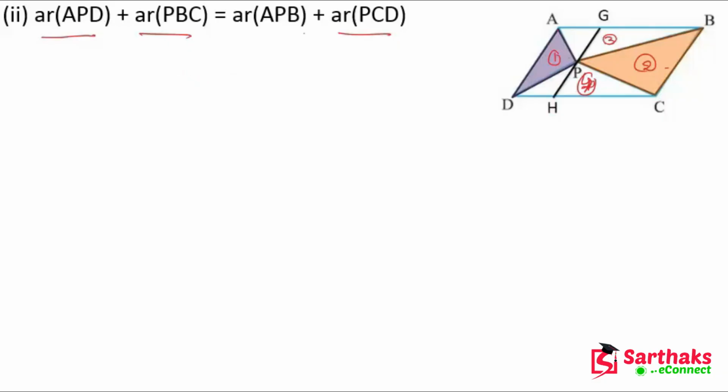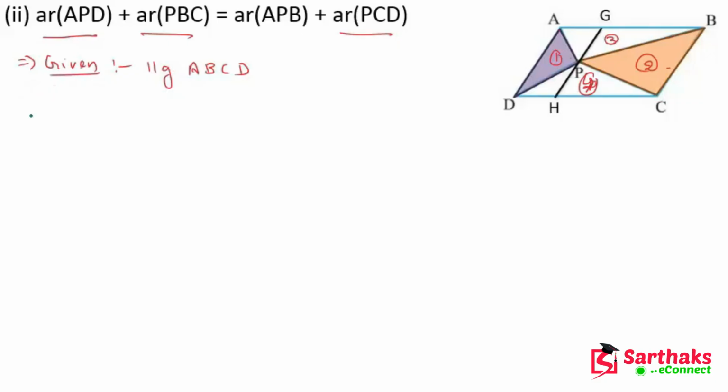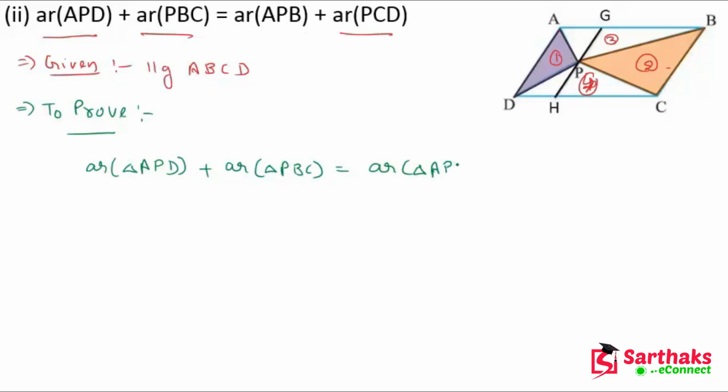So again, first of all, we have to write the given part. The given part is, we have a parallelogram ABCD, and we have to prove area of triangle APD plus area of triangle PBC is equal to area of triangle APB plus area of triangle PCD.